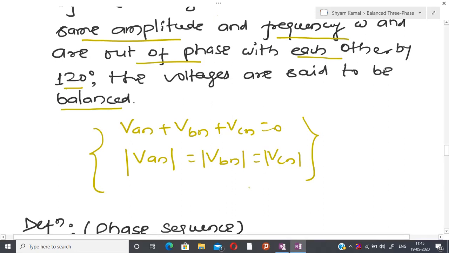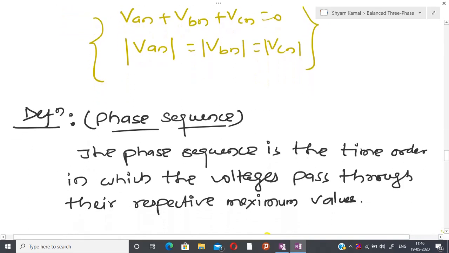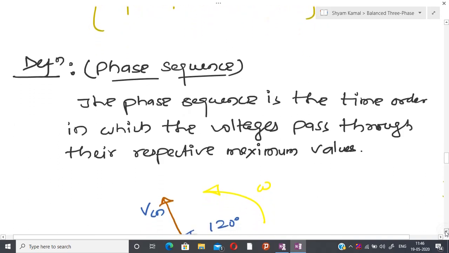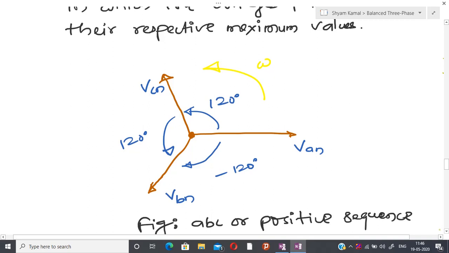And since these voltages are 120 degrees out of phase with each other, I have two possible combinations. I am going to show one possible combination using the figure, and after that I will come to the definition. So one possibility is like this.